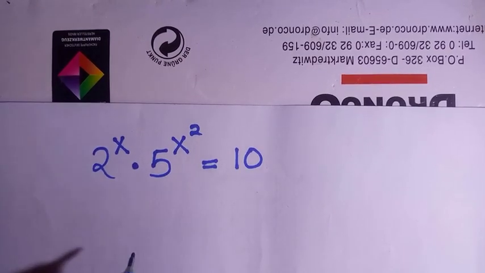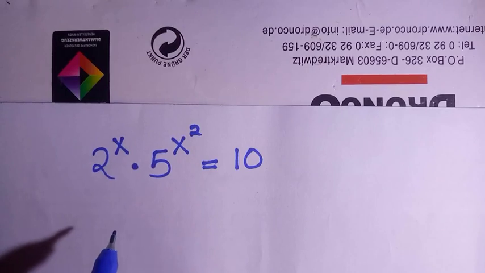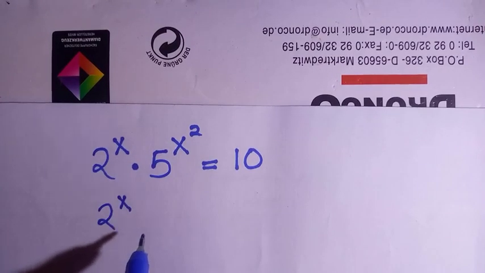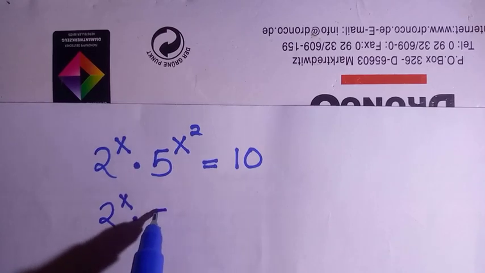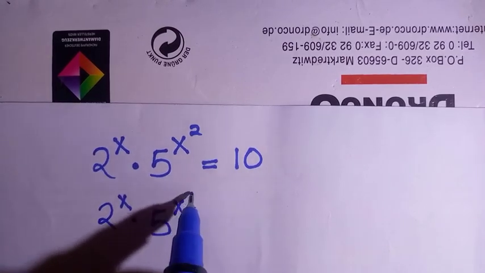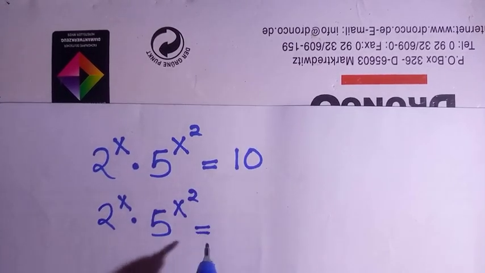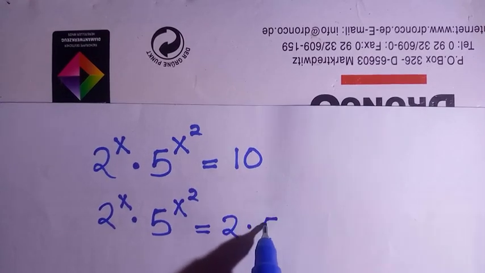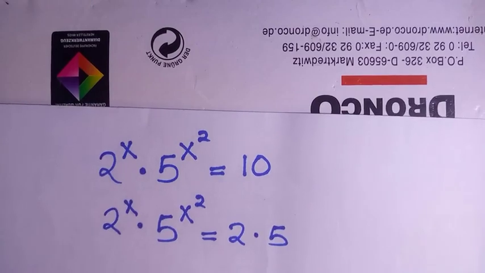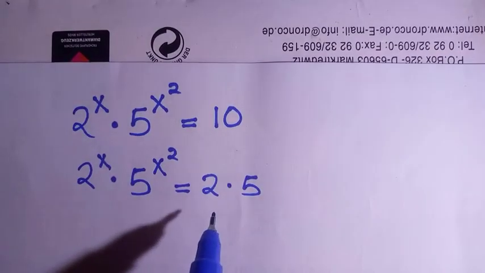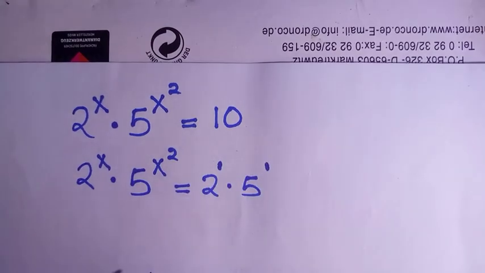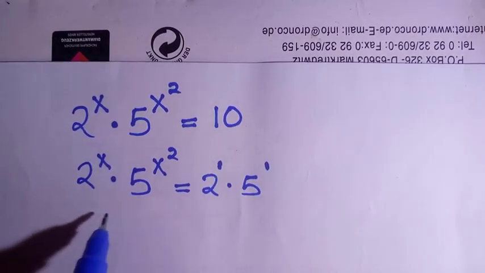So let's see how to observe the root of this. Suppose I have 2 to the power of x dot 5 to the power of x raised to the power of 2 equals 10. If I break this into the prime factors, which are 2 and 5, we can conclude that the value of x here equals 1.